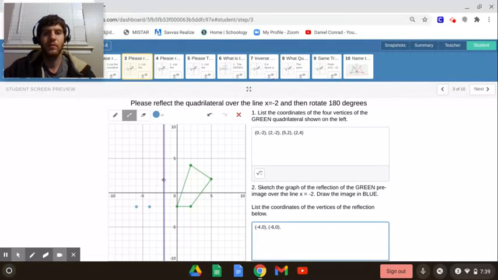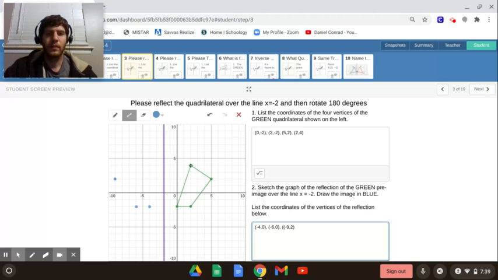So it needs to be 7 units to the left of the line of reflection. So 1, 2, 3, 4, 5, 6, 7. That's going to be negative 9. So again, the y value is staying the same because we're just flipping right and left. So this is going to be negative 9, comma, 2.